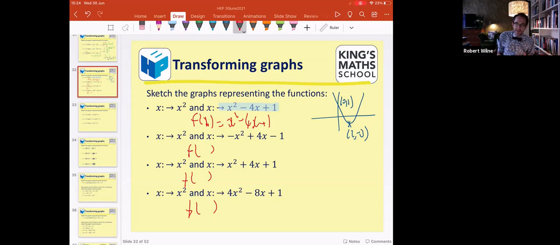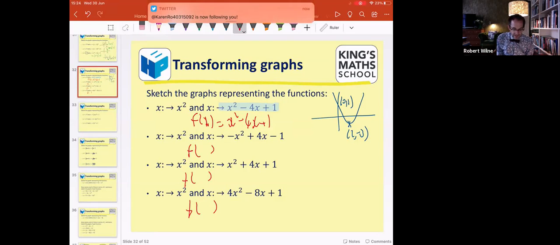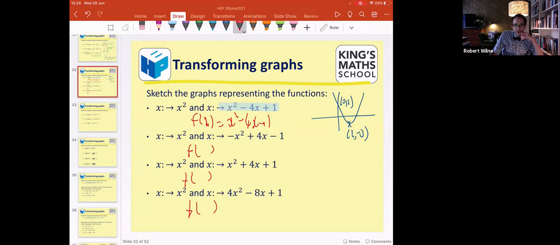So if you want to share some ideas in the chat or out loud, whichever is easiest for you, don't mind. So if you think of f of x as being x squared subtract 4x plus 1, what are some or all of the other three, in terms of the function f?